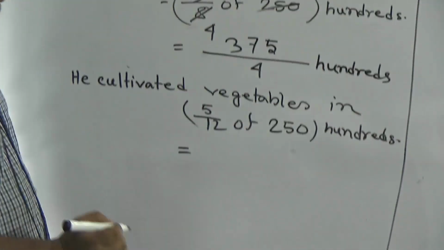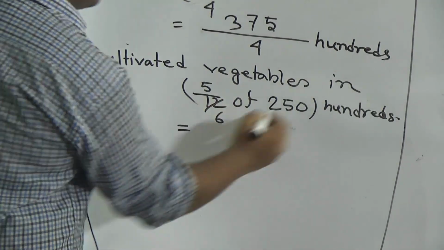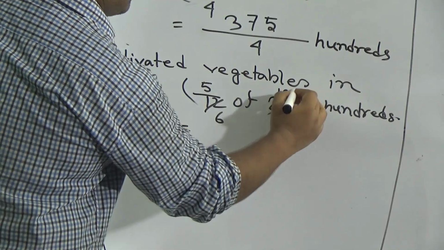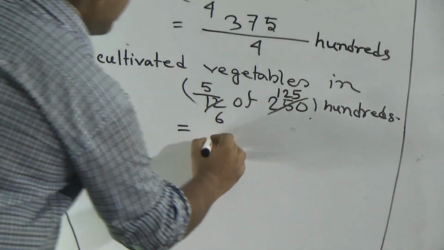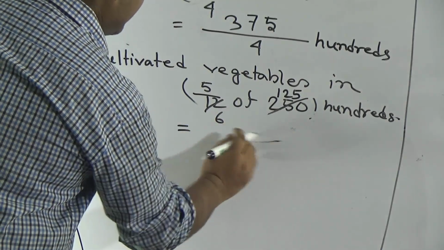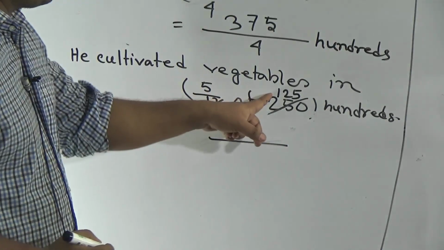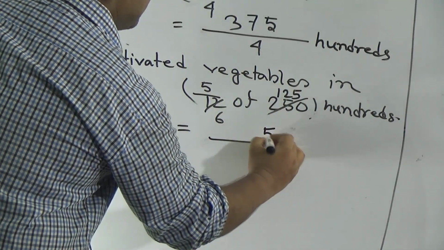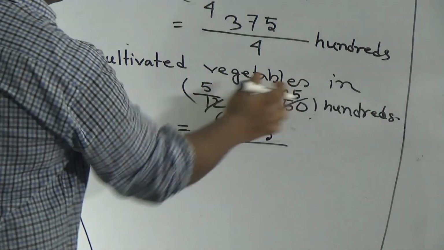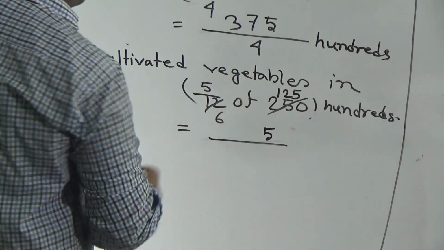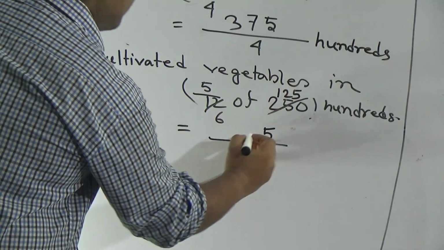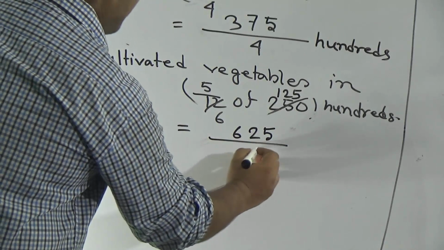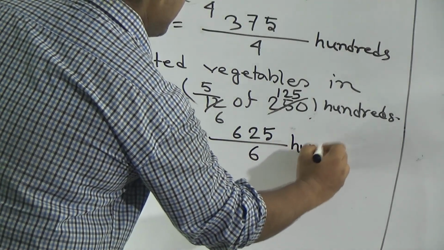Now my dear students, we cut this by 2 and we get 6, and we cut 250 by 2 and we get 125. Now the numerators left are 5 and 125, so we multiply these two numbers. 5 times 125 is 625. So the answer is 625/6 hundredths.